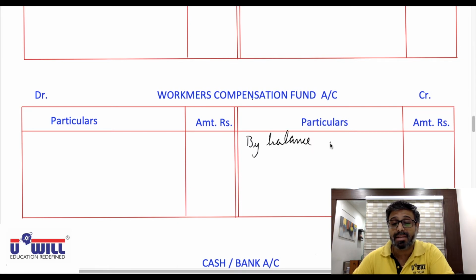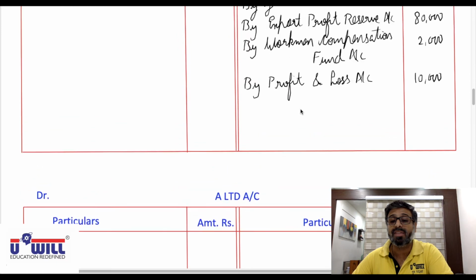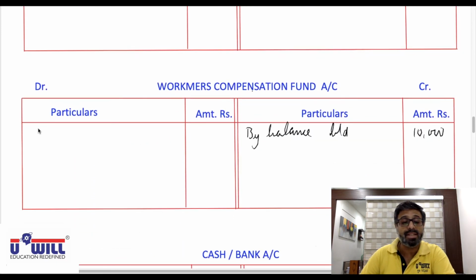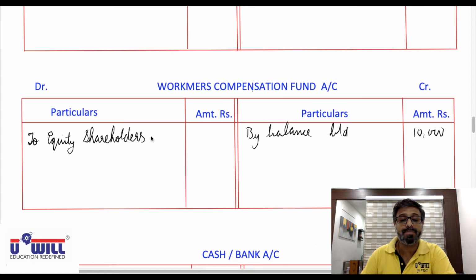By balance brought down 10,000. And since we are making the account, the opposite effect of this workmen compensation fund 2,000 will come. Workmen compensation fund account debit side to equity shareholders account 2,000.